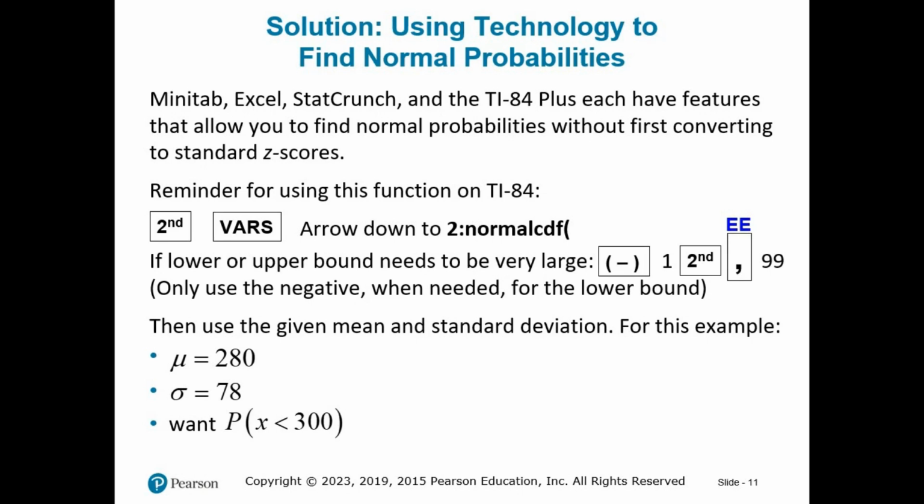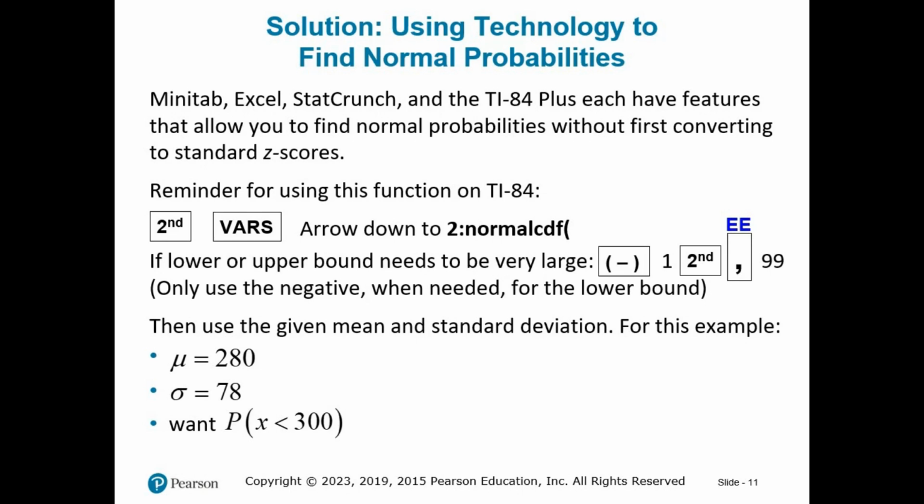If you need a large lower or upper bound for a problem, remember the way to enter a lower one is to use the negative button, then 1, then the second button, then the comma, which is selecting the inner exponent or EE choice. You see that above your comma. Then 99, and that's essentially putting a very large negative number in. When you need a very large positive number for the upper bound, just don't use the negative button, but use the rest of those instructions.